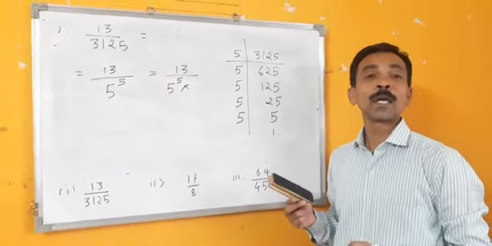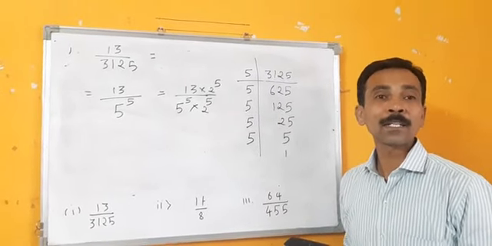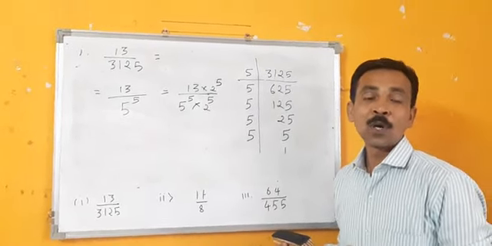But as we have to show whether it is a terminating decimal expansion or not, if it is 5 raised to 5, 2 raised to 5 will go in the numerator, because if it is a terminating decimal expansion, either all the factors should be of 5 or all the factors should be of 2, or it should be a mixture of 2 and 5 in the denominator.